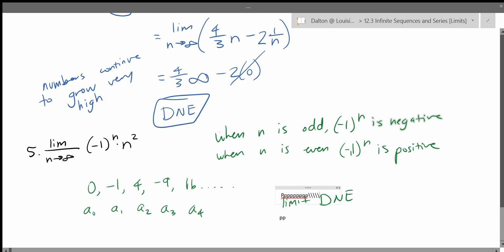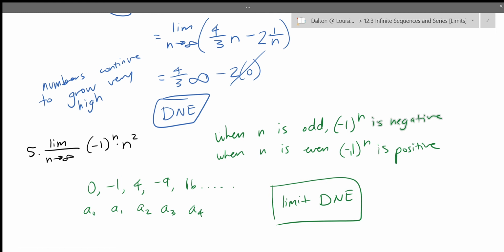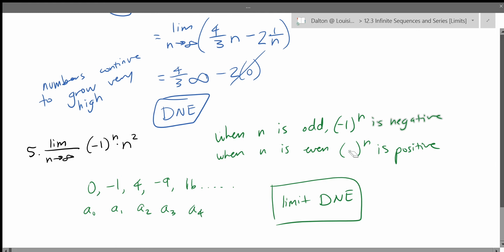Because if you keep flipping back and forth between positive and negative numbers, then it can never approach just one value. Does that make sense?